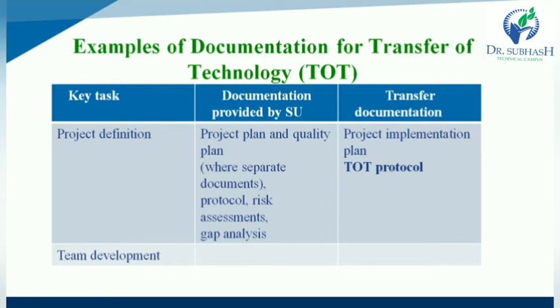And for transfer documentation, project implementation plan is required. Second key task is team development. For team development, no documentation is provided by sending unit and no transfer documentation is required.